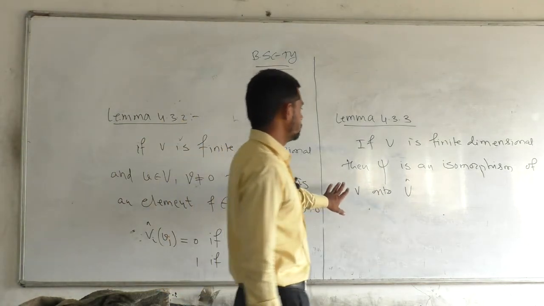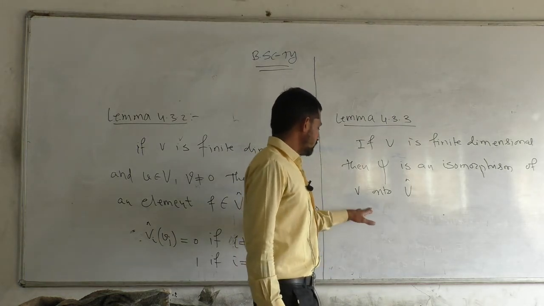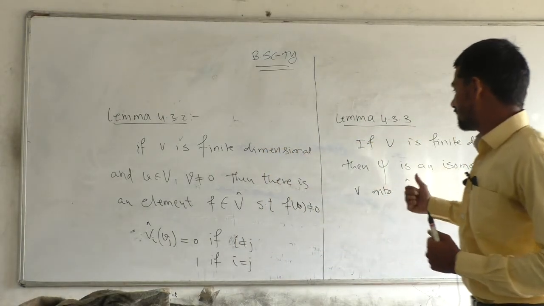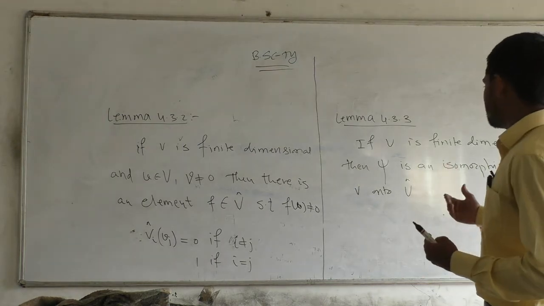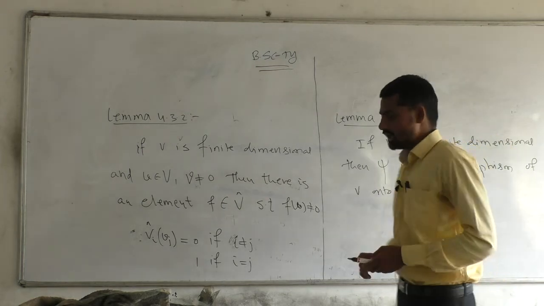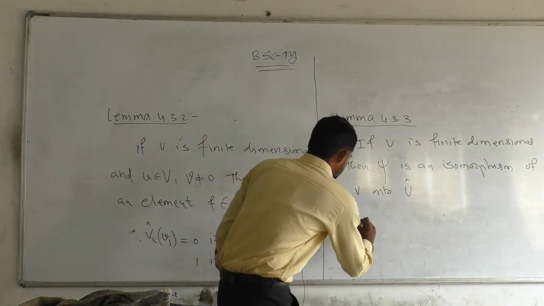Now see, we have discussed in the last lecture that if V is finite dimensional, then the dimension of V is equal to the dimension of V dual. Therefore, there must exist one psi. Now, isomorphism means what? First, it is a homomorphism.